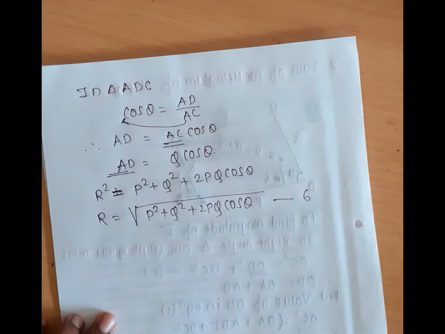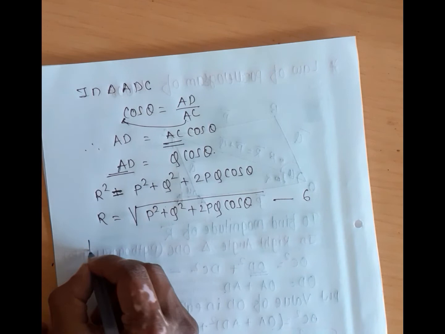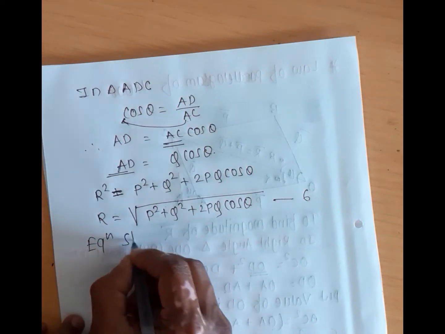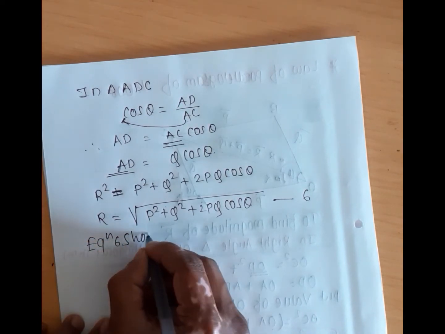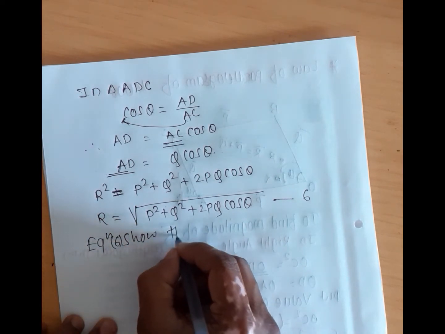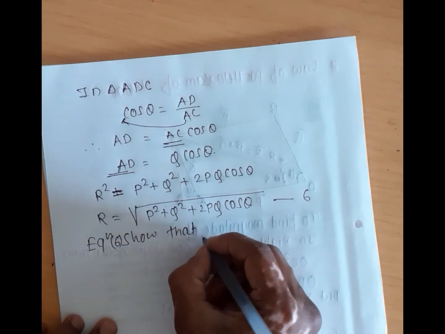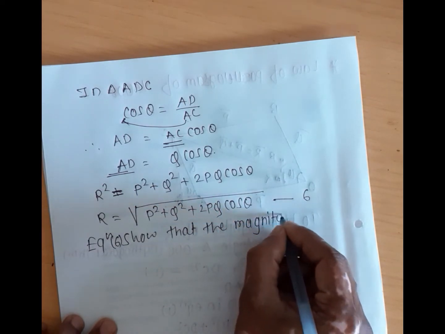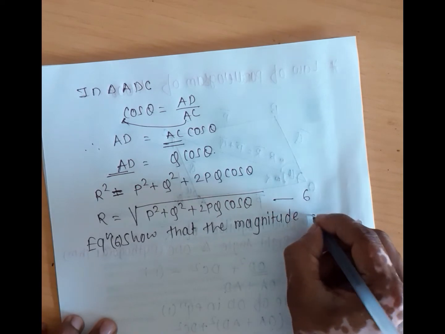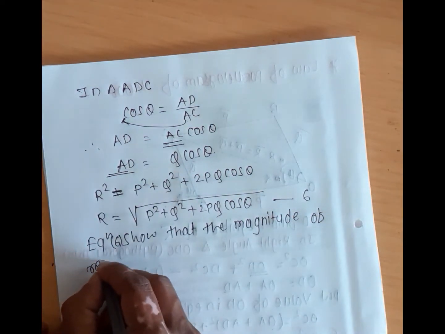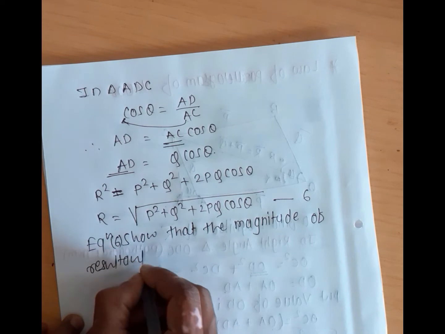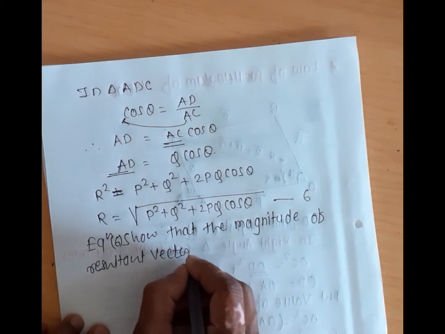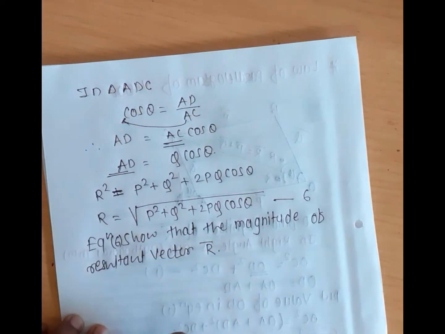Equation 6 shows the magnitude of the resultant vector R bar.